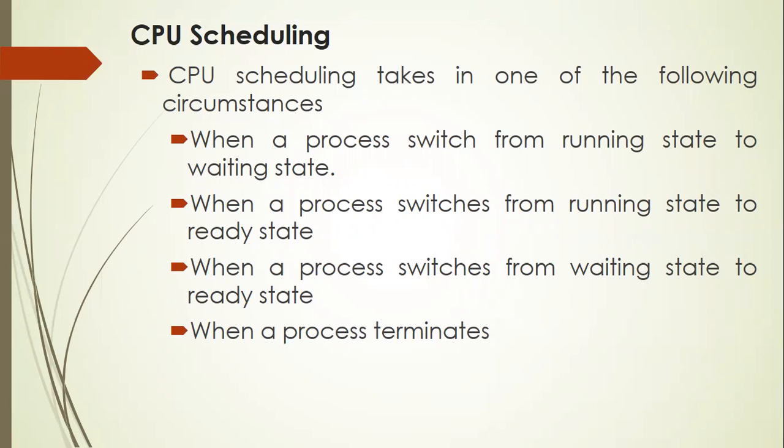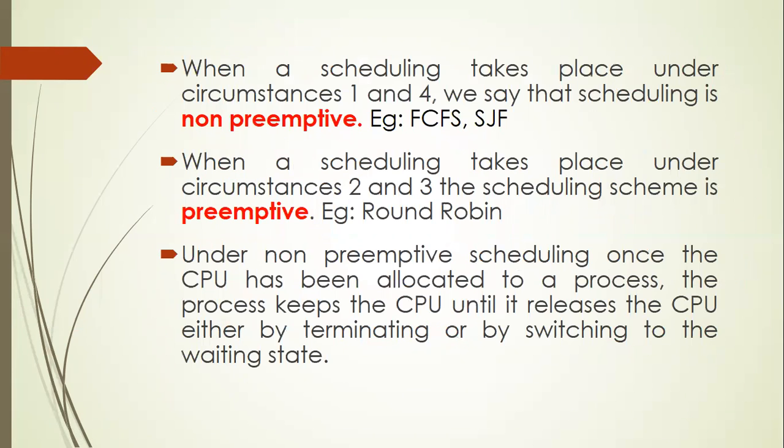If CPU scheduling takes place in these two situations, we say that the CPU scheduling algorithm is non-preemptive in nature. Some examples of non-preemptive CPU scheduling policies are first come first serve and shortest job first. Anyway, I'm going to explain in detail with their merits, demerits, features, everything in my next class.